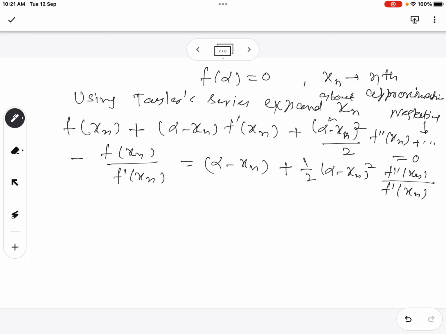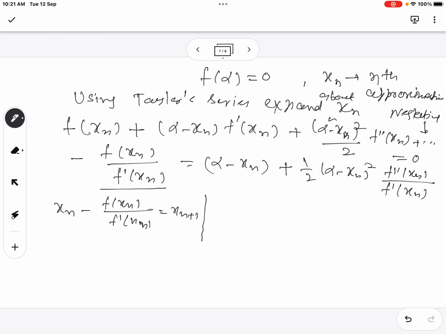And this is nothing but we can write down from the Newton's formula that xn minus f at xn by f prime at xn is equal to xn plus 1.